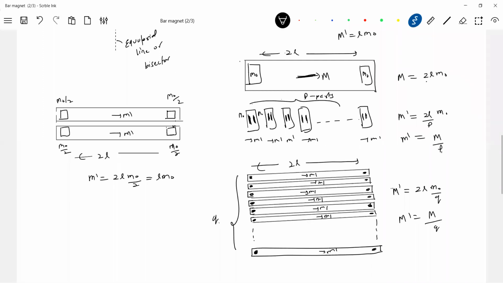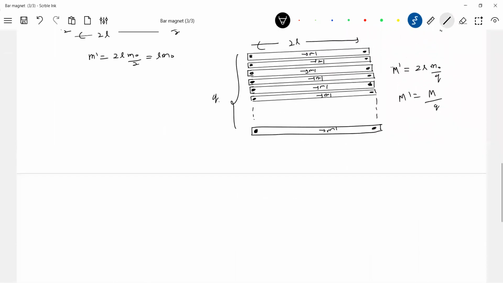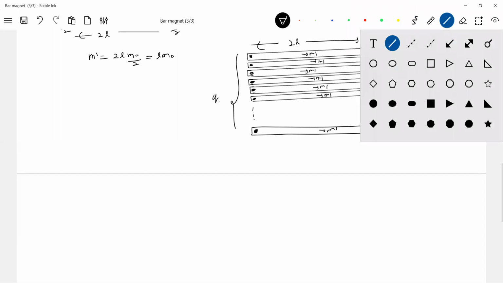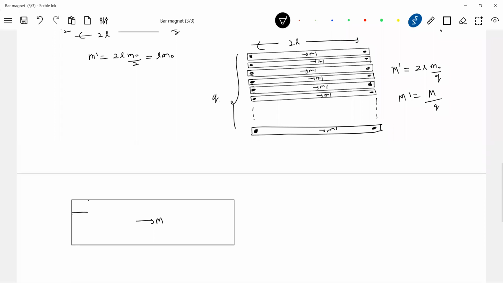So now let me take a bar magnet having a dipole moment M. I'm going to take a part like this.